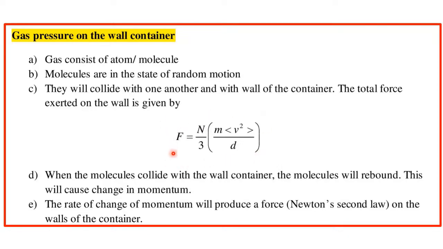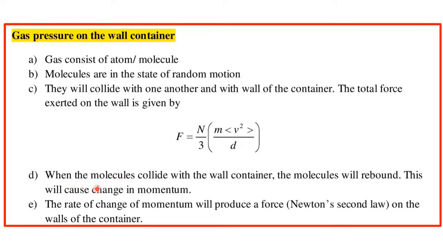Tapi untuk silibus kamu tak perlu ingat yang itu. Tapi kalau berminat untuk tahu detail macam mana datangnya formula ni, boleh PM saya, nanti saya akan bagi detail untuk bahagian tersebut. Okay, formula F ni.